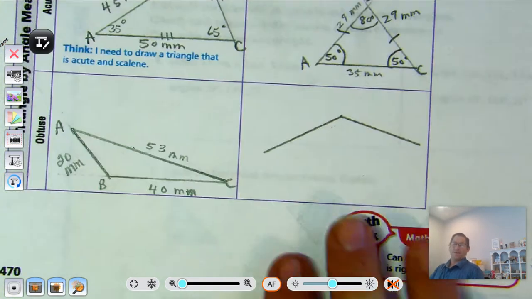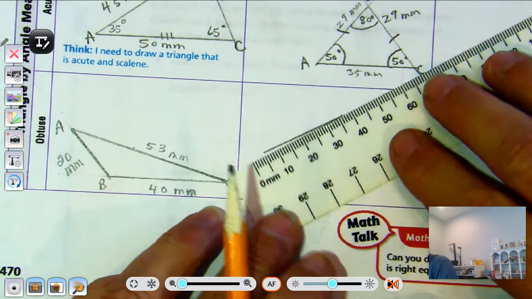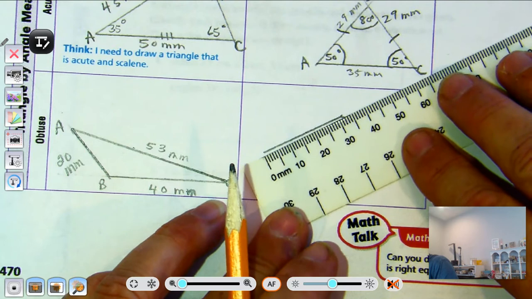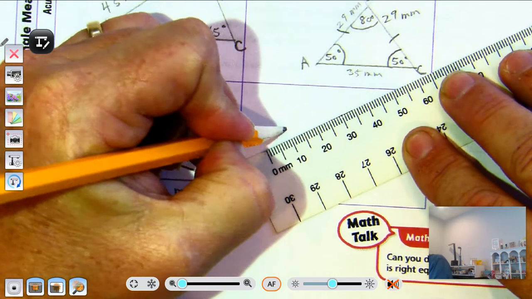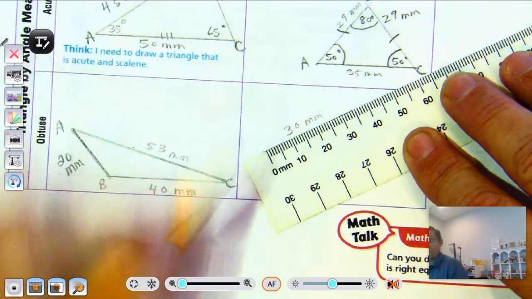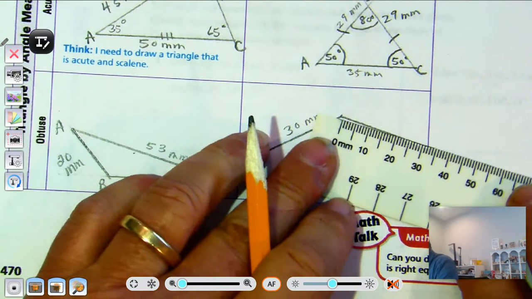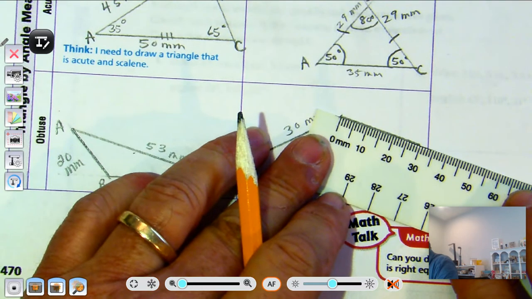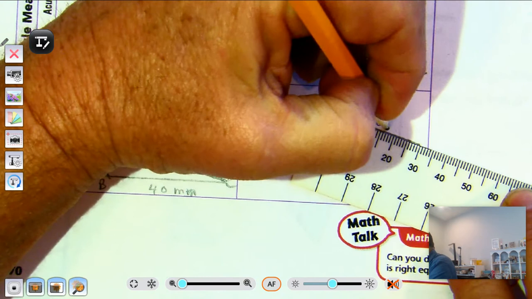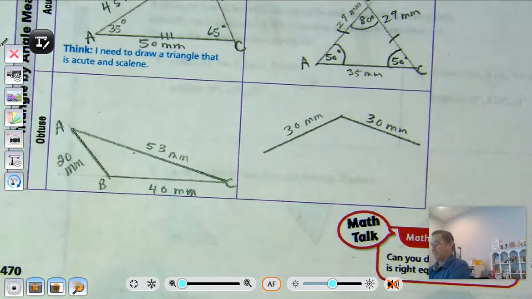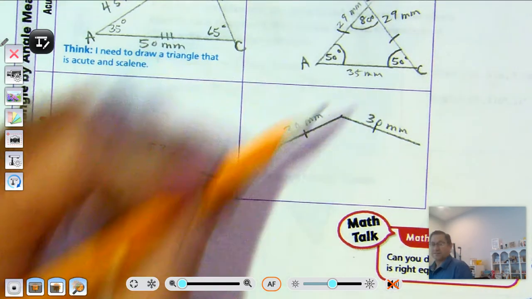So this side is 30 millimeters. This side is 30 millimeters. So I know that that's going to be isosceles.